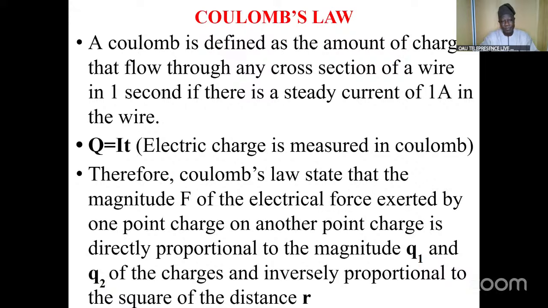Simply, a Coulomb is defined as the amount of charge that flows through any cross-section of a wire in 1 second if there is a steady current of 1 ampere in the wire. Indirectly, by your simple understanding, we are trying to bring out equations.